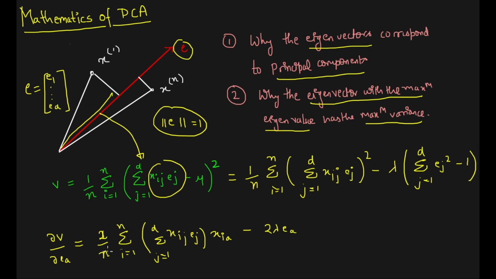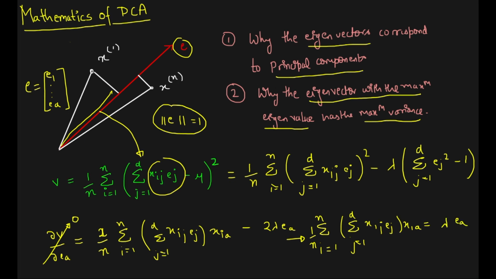Now, for considering the maxima, we put this as 0, giving us the equation that the summation of i equals 1 to n over all instances, 1/n right here, and over all dimensions from j equal to 1 to d, x_ij, e_j, x_ia is equal to lambda e_a. What we do next is shift the signs of these summations, so this comes out and this summation goes in.